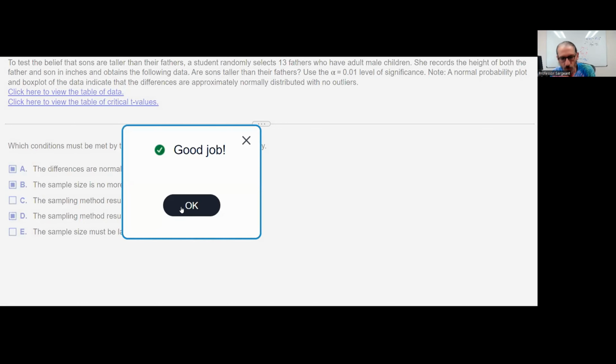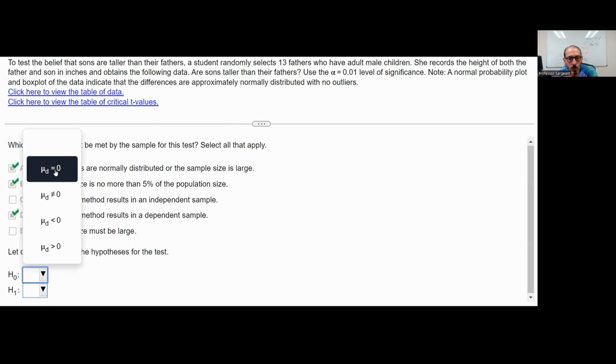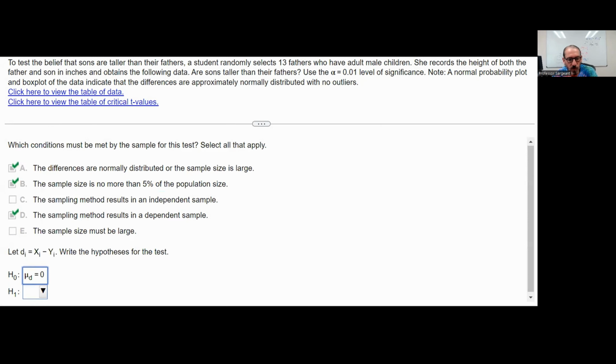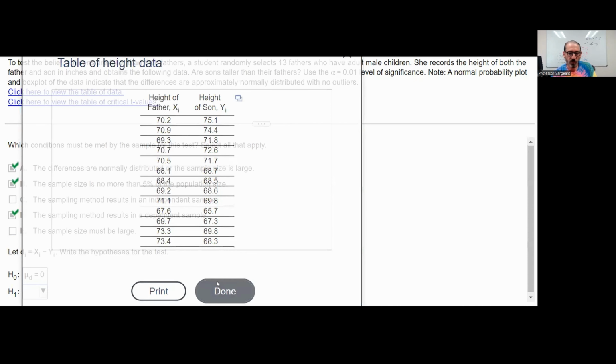Okay. All right. So, the null hypothesis with these matched pairs is always that there is no difference, that there is 0 difference. If we are doing the height of the father minus the height of the son, which is the reverse of what I was just saying out loud, then I expect negatives.